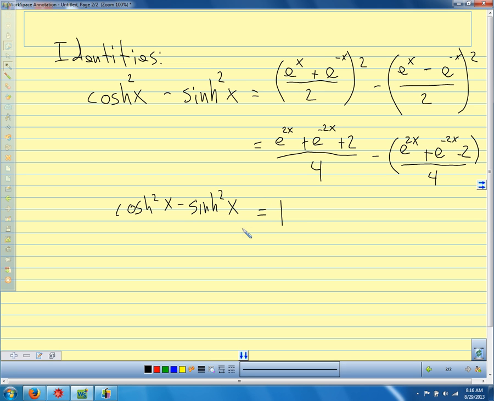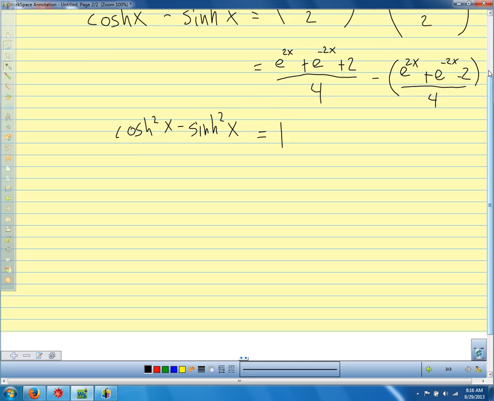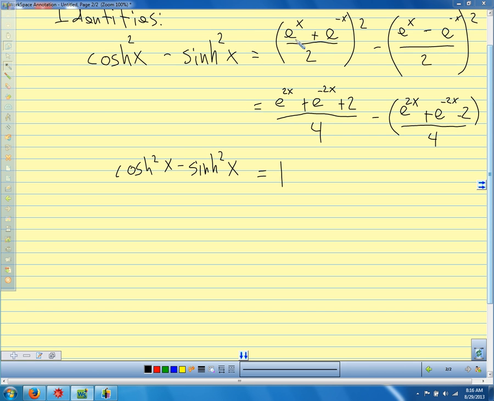There are other identities that are very, very similar to trig identities, except there are little sign differences here and there. So we could go through, starting from the definition of cosh and sinh, and come up with some other identities.